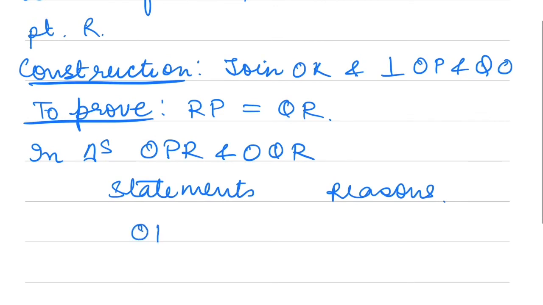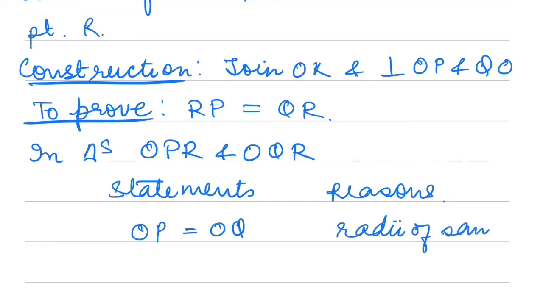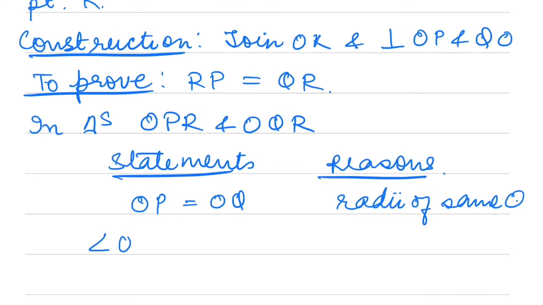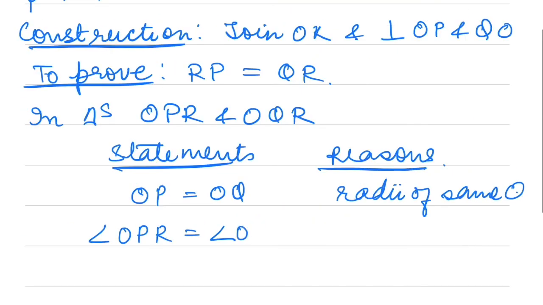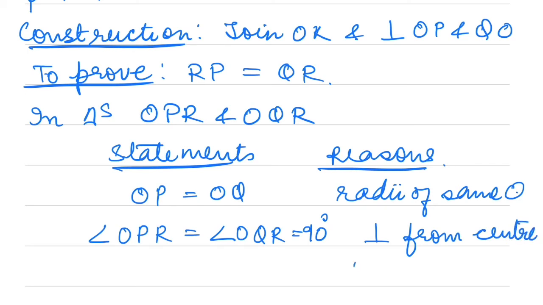OP is equal to OQ, both are radii of the same circle. Angle OPR is equal to angle OQR is equal to 90 degrees, perpendicular from center to tangent.